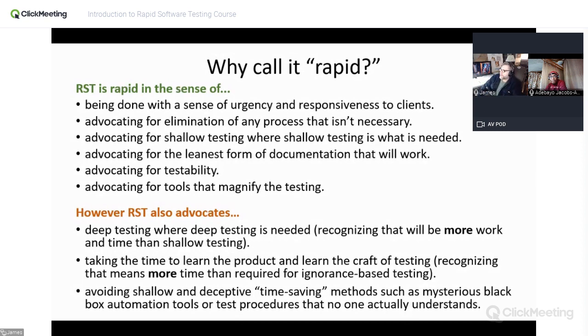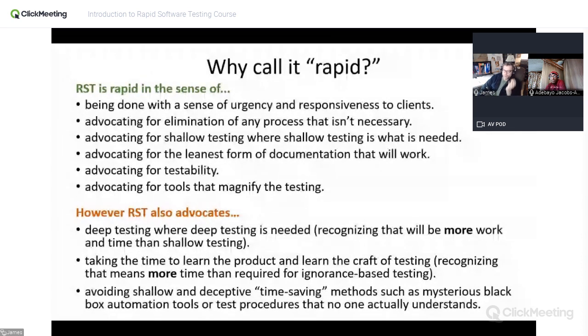I was trying to think, I could call this the James Bach test methodology, but I wanted something descriptive. And I thought, what is the hallmark of this method? And what I realized is that we don't follow best practices. We follow the practices that make sense. And if it doesn't make sense, we don't do it. We throw away things that are just a waste of time.